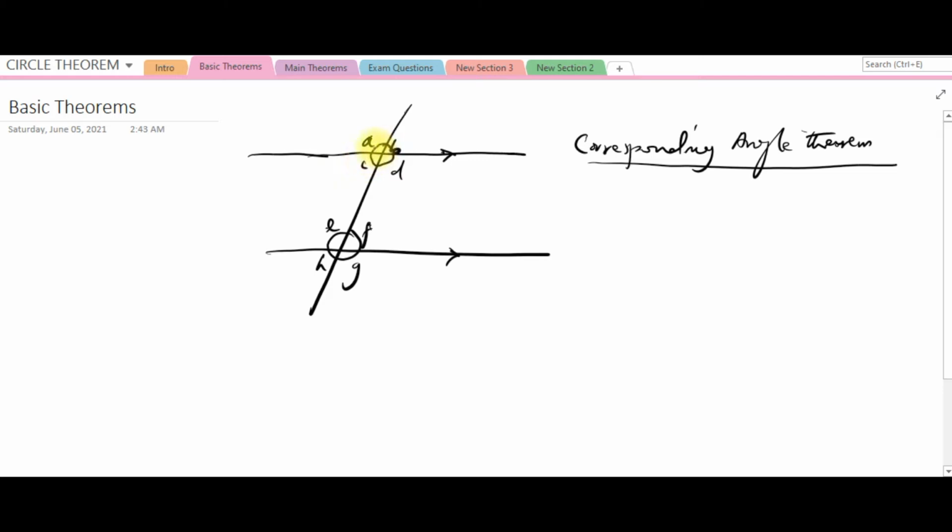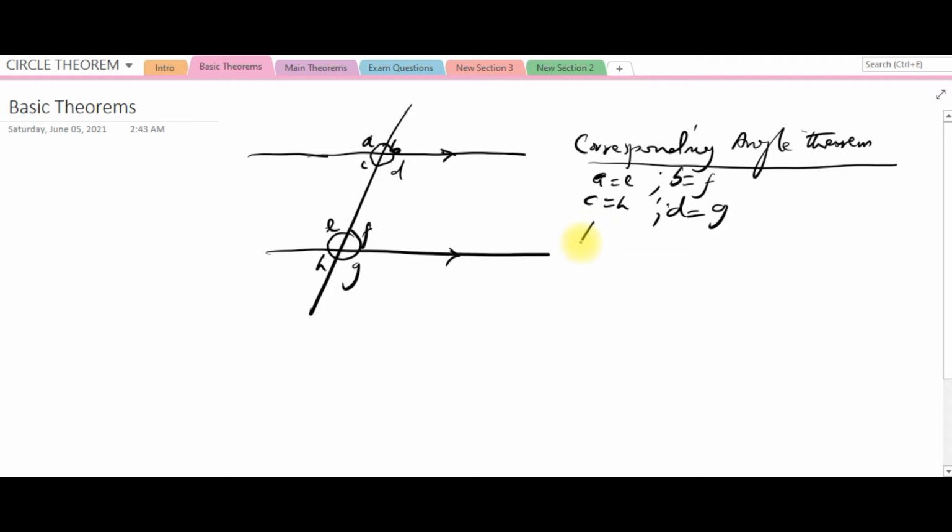So on the same side, A is like E. So we are saying that A equals E. That's based on corresponding angle theorem. So the next one is B equals F, C equals H. Finally, D equals G. So that's our corresponding angle theorem.